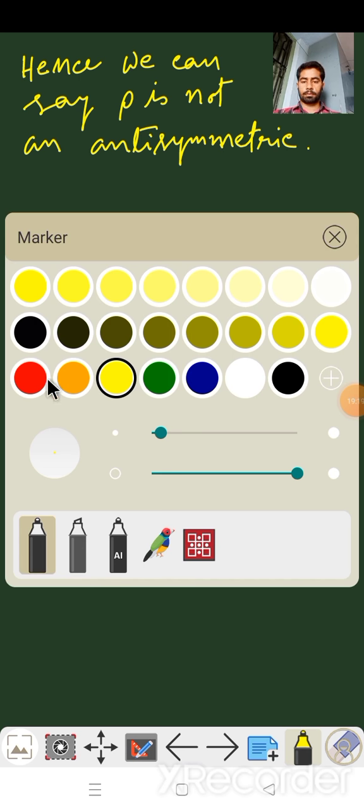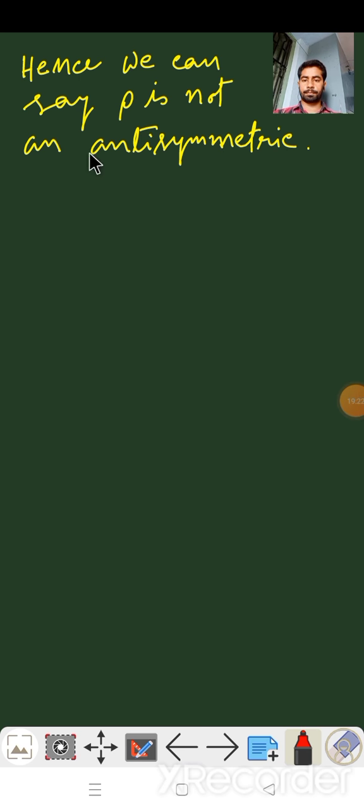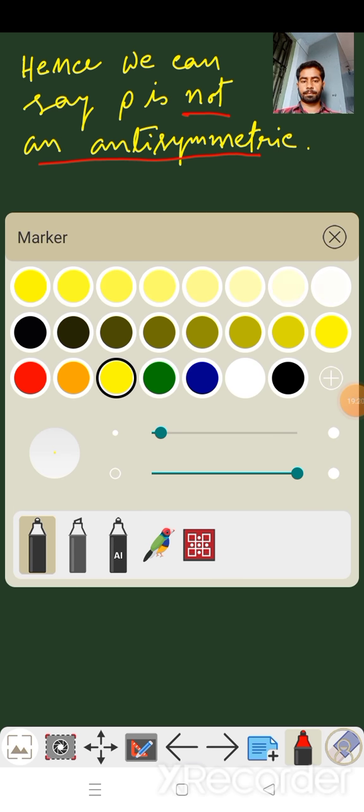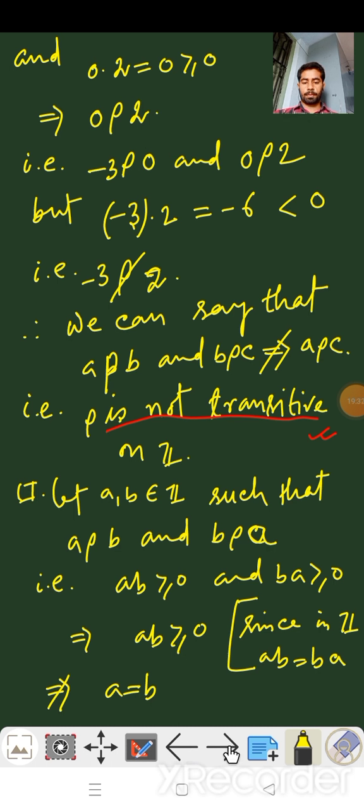Therefore, by the definition of antisymmetry, a related to b and b related to a will imply a equals b. If they imply a equals b, then rho is an antisymmetric relation. But here ab ≥ 0 does not imply that a equals b.